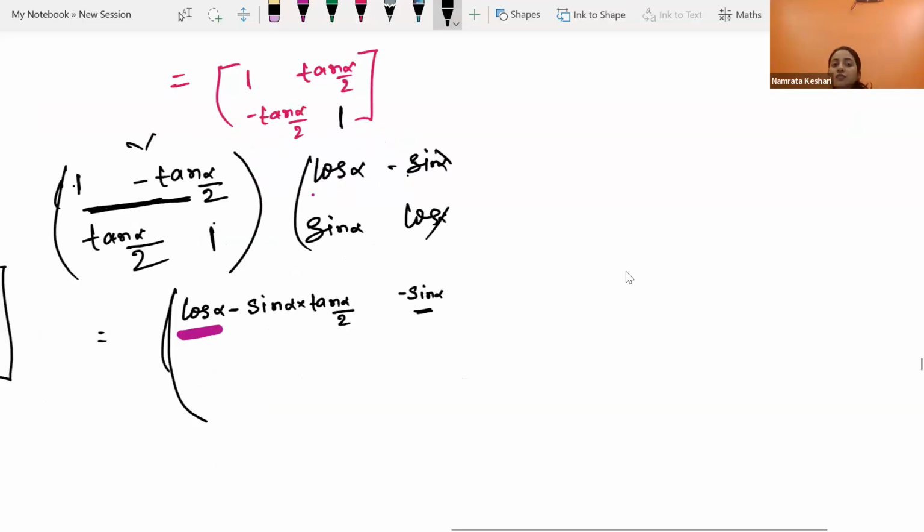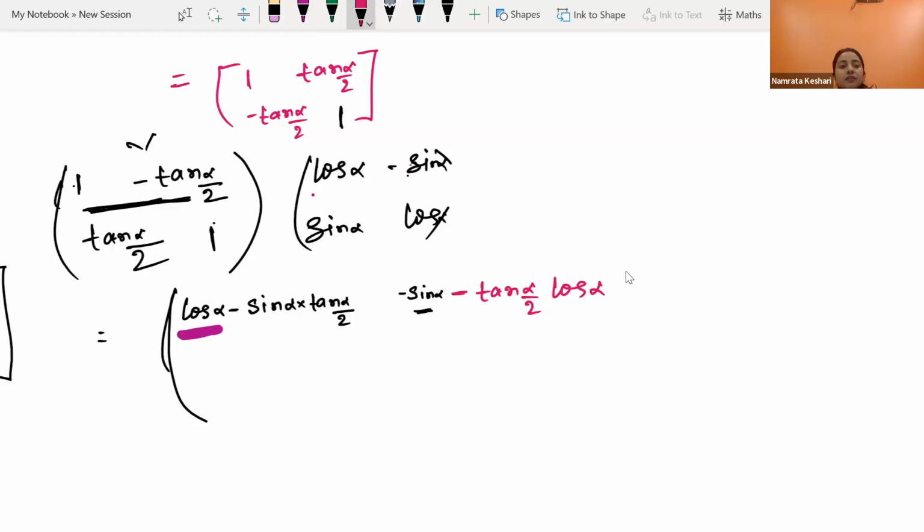1 with minus sine alpha will be minus sine alpha, and then minus tan alpha by 2 multiplied with cos alpha will be just the multiplication, because now we don't know what to do, right? Yes. So minus sine alpha minus tan alpha by 2 into cos alpha.